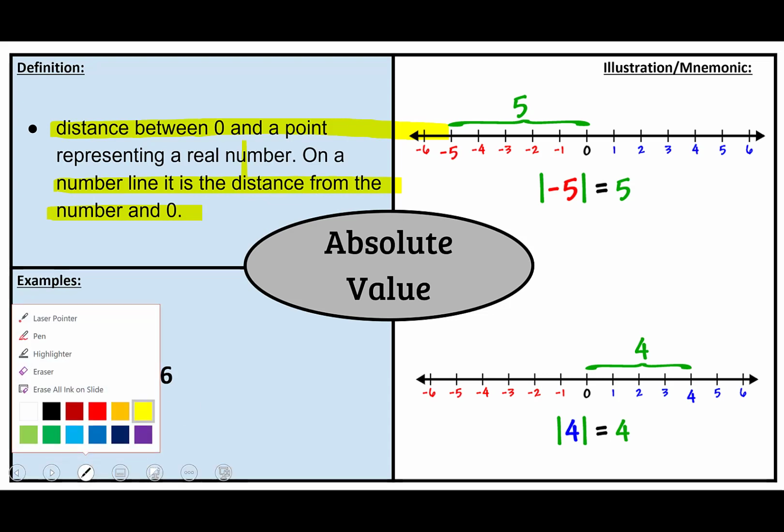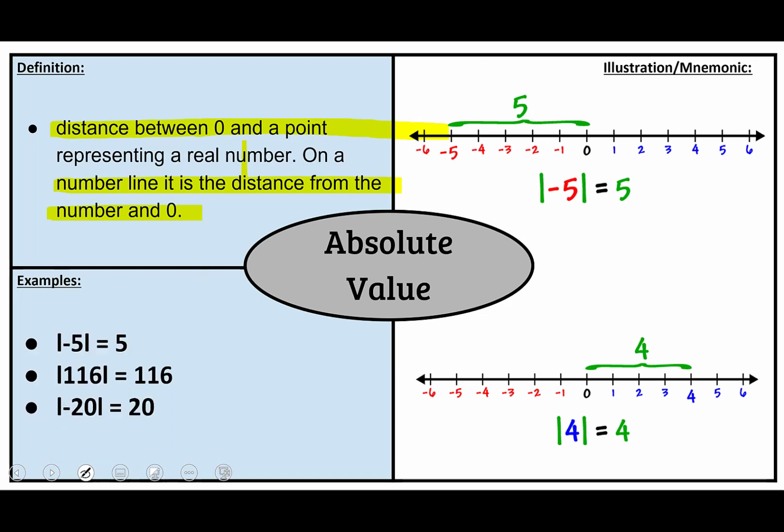So if we look over here at our example, the absolute value of -5 is 5 because -5 is 1, 2, 3, 4, 5 spots away from 0. Thus, 5 is the answer.